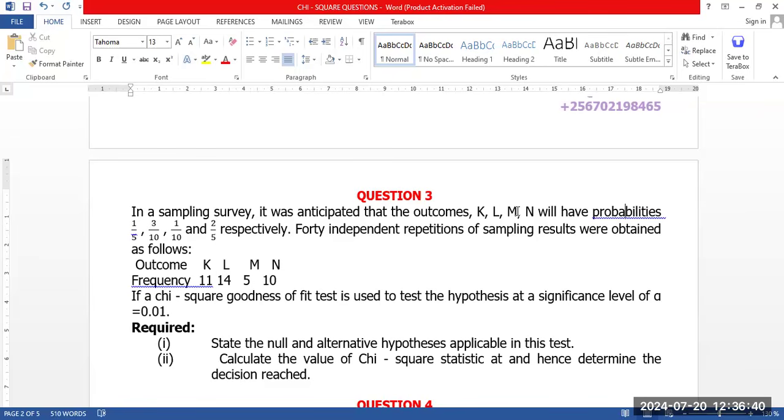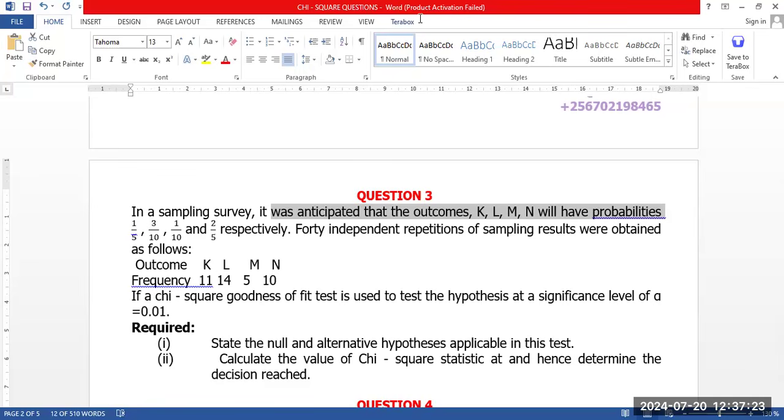So it means that what is anticipated is your null hypothesis. Because probabilities can change, we want to confirm whether these probabilities are correct or not. This is what you have anticipated, but we want to find out at the end of it all, is what you anticipated correct or not? So don't cram things, just try to understand.